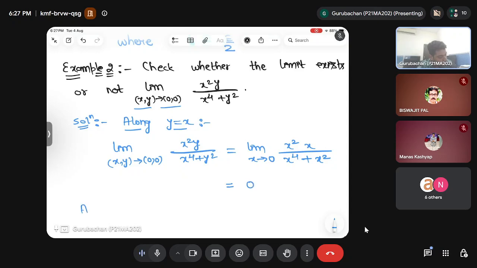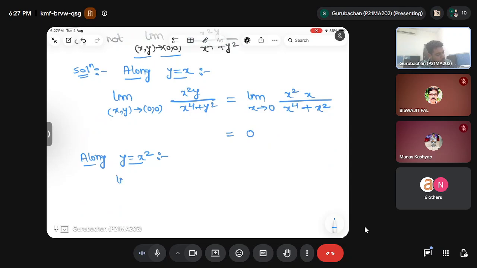But when you go around the curve y equal to x square, then what will happen? Again, the limit of x square y over x to the power 4 plus y square can be written as limit x tending to 0 of x square into x square divided by x to the power 4 plus x to the power 4. What will it give you? Half.